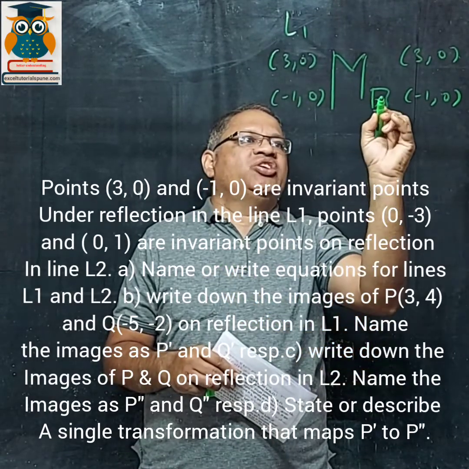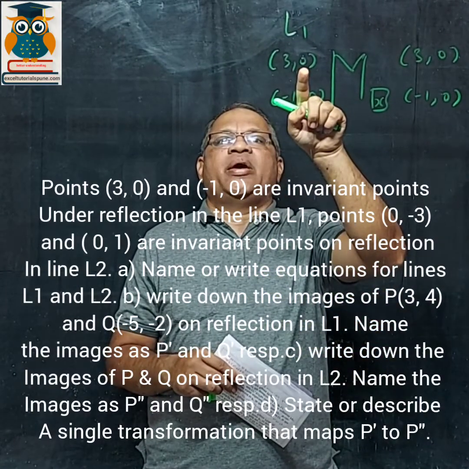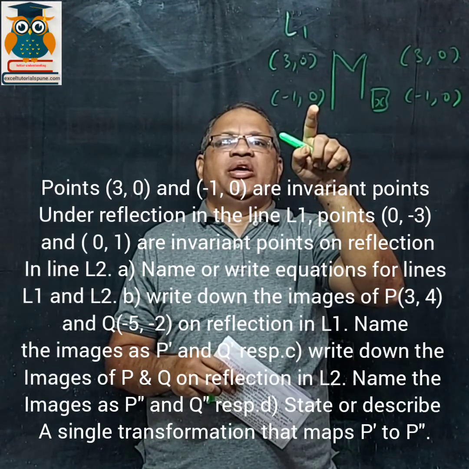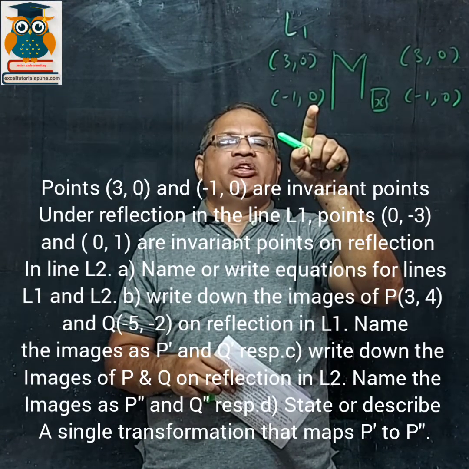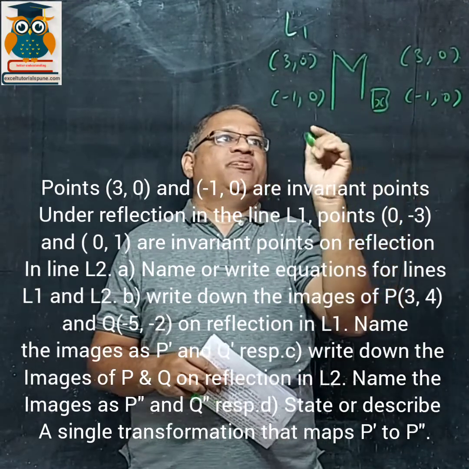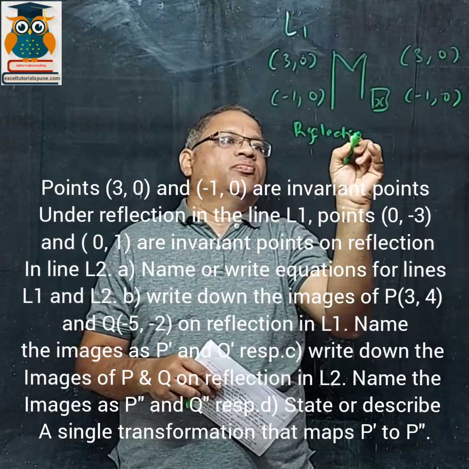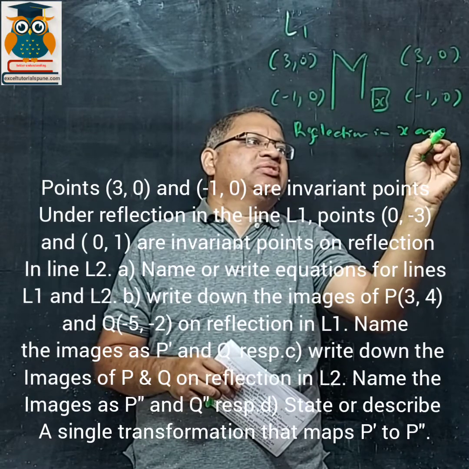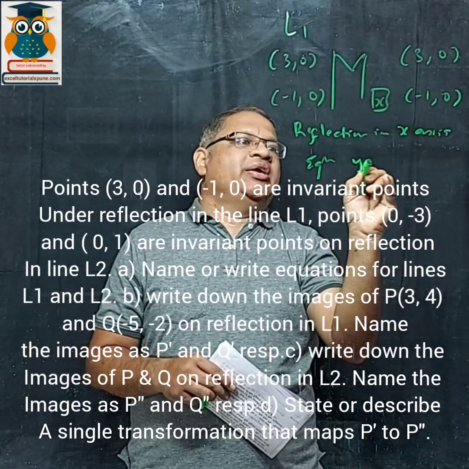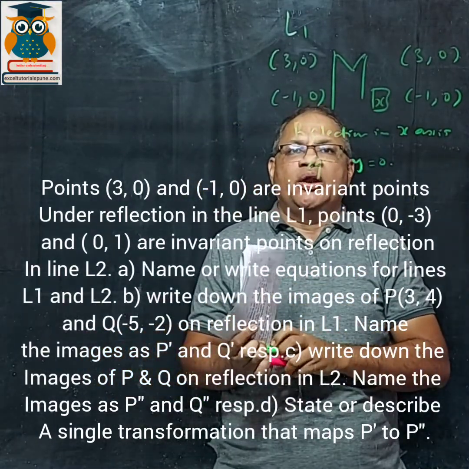If it is reflection in the x-axis, the y coordinate changes. So 3, 0 becomes 3, minus 0, that is 3, 0 only. Then minus 1, 0 on reflection in the x-axis, the y coordinate changes, minus 1, minus 0, that is minus 1, 0. So question is equal to answer. So it is reflection in the x-axis, and the equation of this is y is equal to 0. Everywhere y is equal to 0, no? So that is the equation of L1.